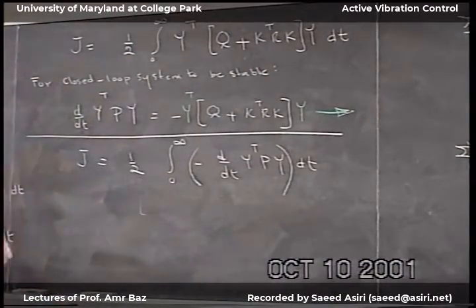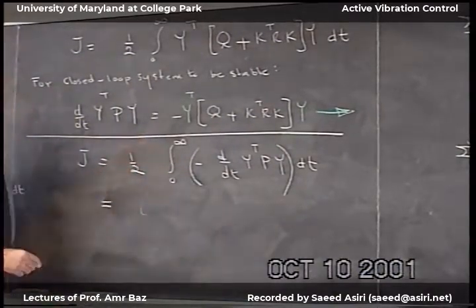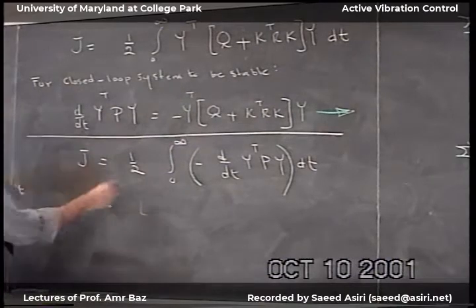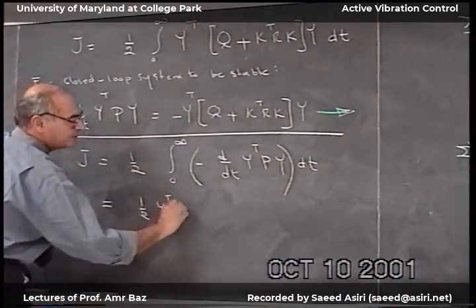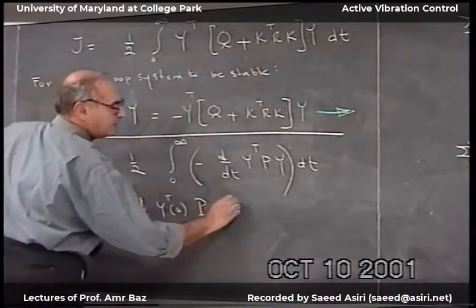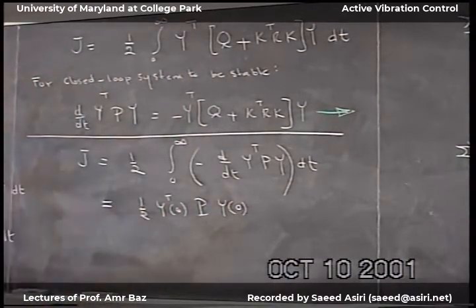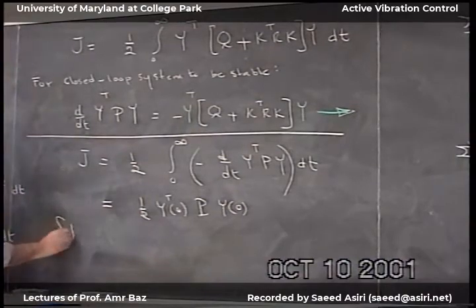And if the system is stable, then y will go to 0 at infinity, and this will just reduce to 1/2 y transpose at 0, p y at 0. And optimum, del J is equal to 0.